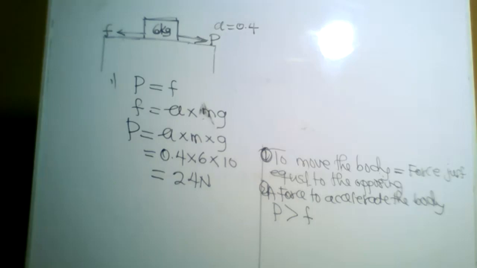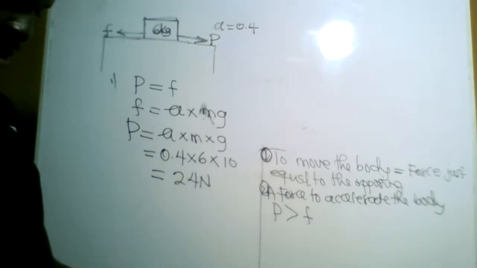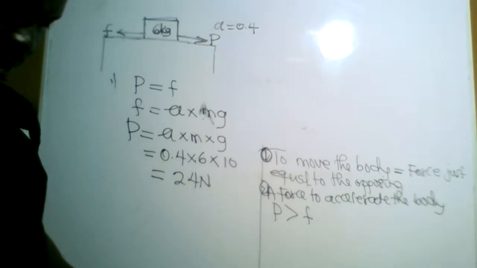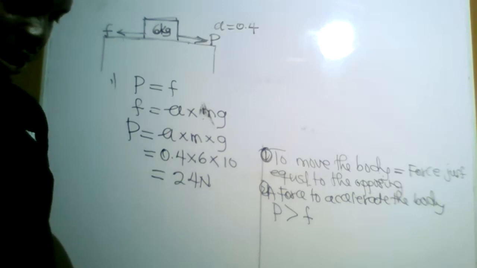So, what is wrong with your network? 48 Newton. You have 48. Okay, so let's see.